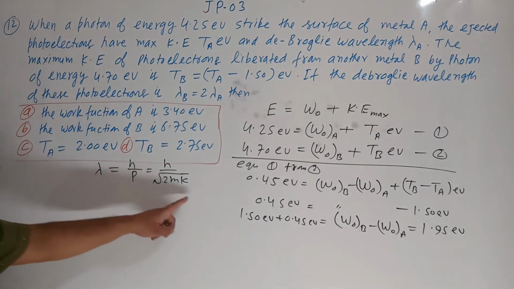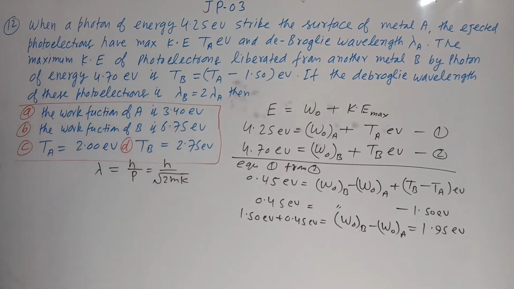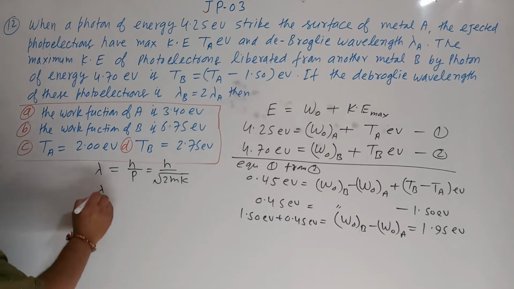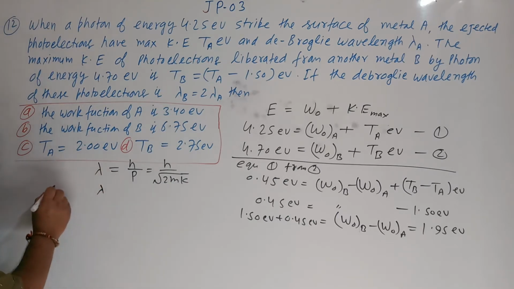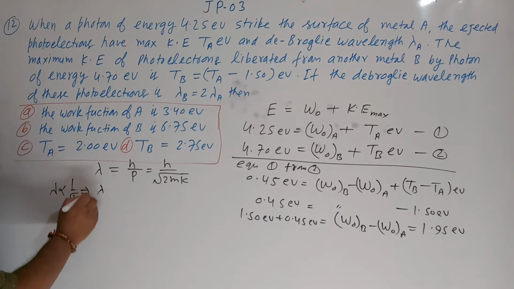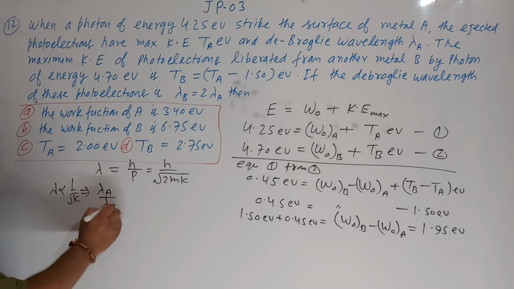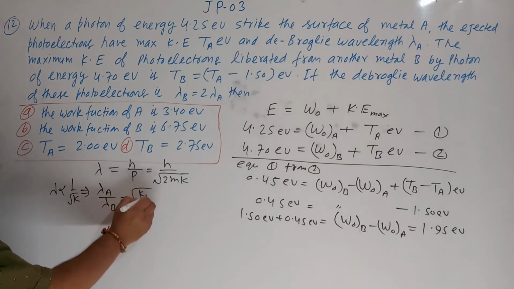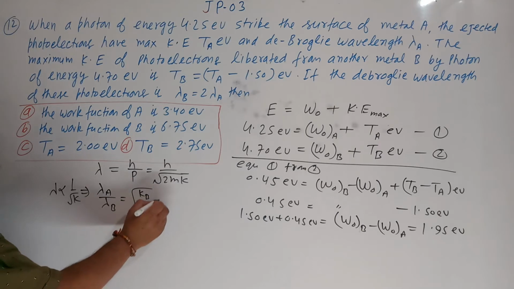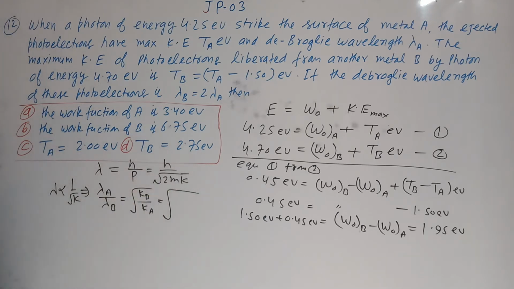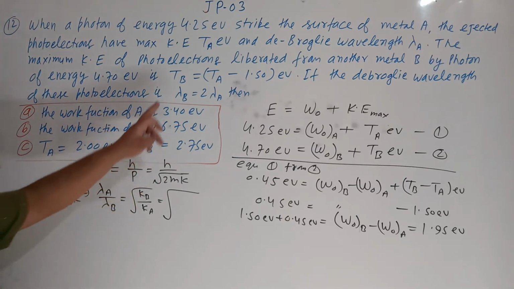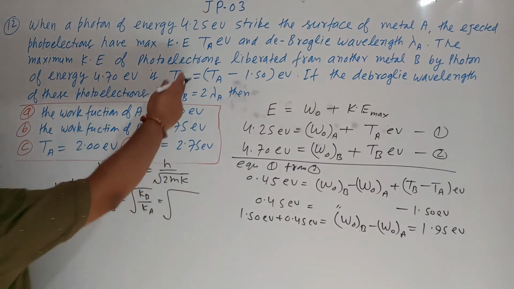Here we can see lambda is inversely proportional to under root kinetic energy. So this implies lambda A upon lambda B is equal to under root KB upon KA, kinetic energy of B upon kinetic energy of A. Here maximum kinetic energy they have given TB and TA.